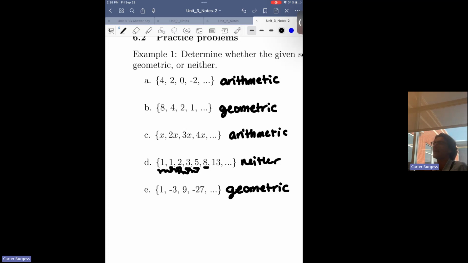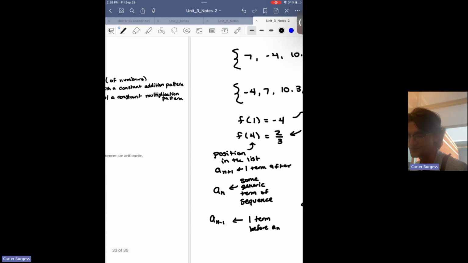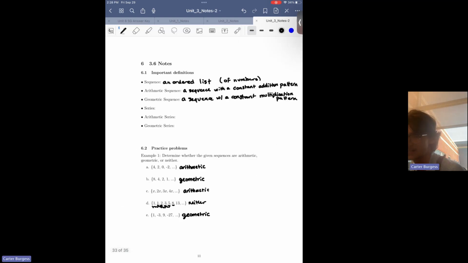So a nice little step back, hopefully, from all the logarithm stuff that's been floating around. A good little change of pace there to end things off. We are going to finish this up, looking at a few other things, not tomorrow, obviously Monday.